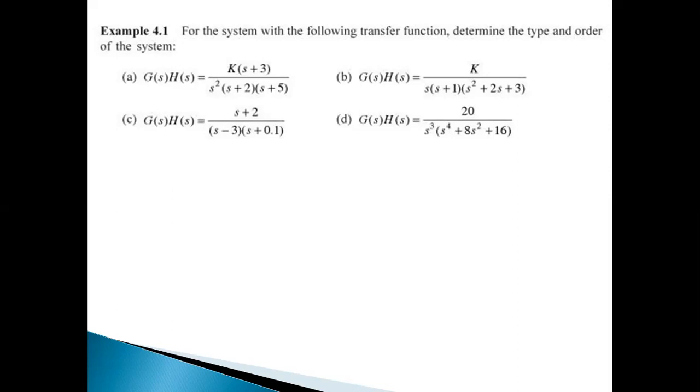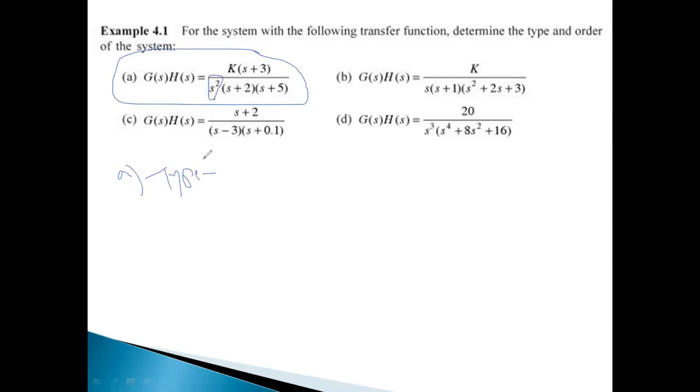Given the system transfer function G(s)H(s) is equal to K(s+1)(s+3) divided by s squared (s squared plus s plus 2)(s+5). For the first case, the type of the system is given by the number of poles present at the origin.